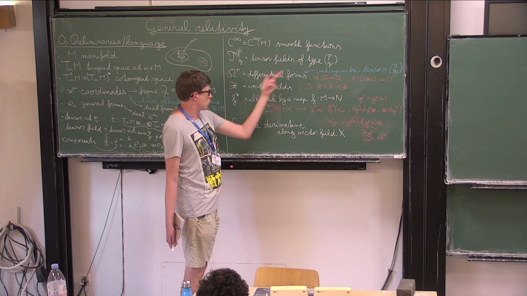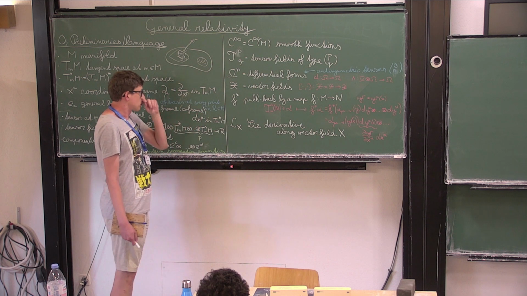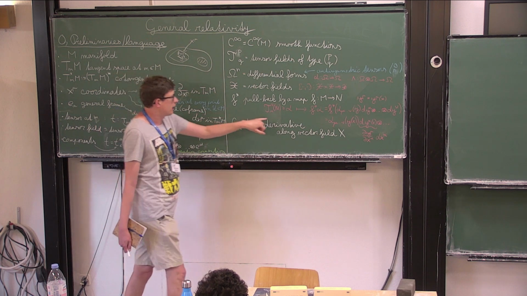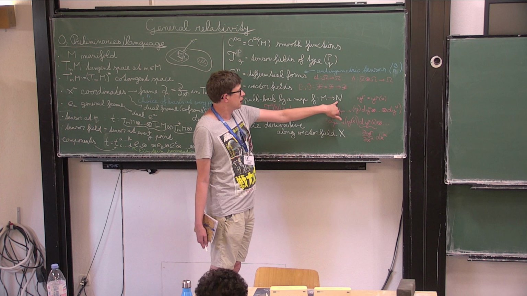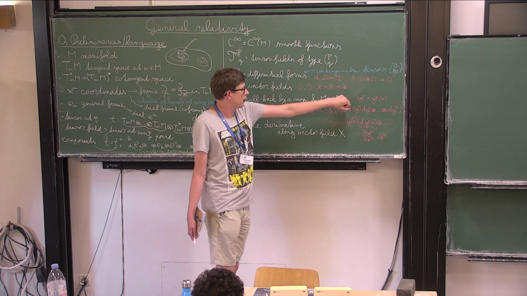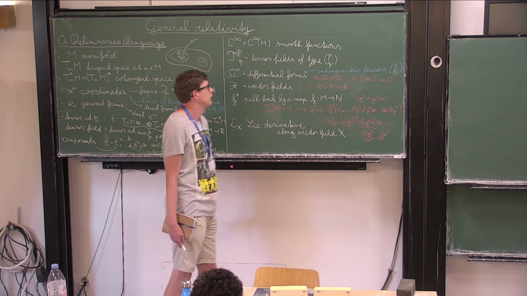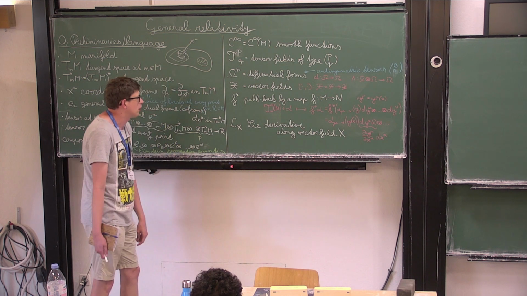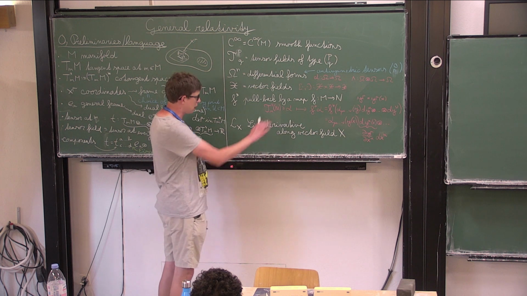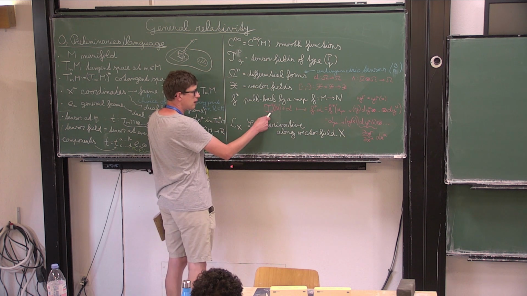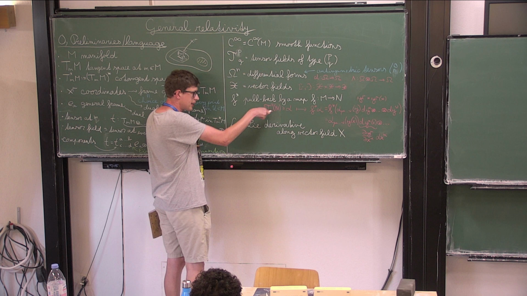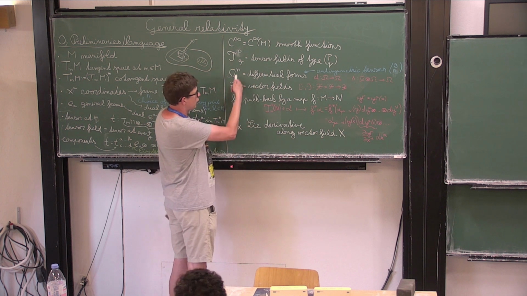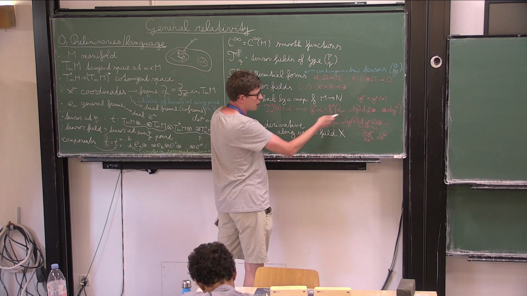Okay, and we also saw pullback before. Pullback is a way that if you have a map of manifolds and you have some structure on the right, you can pull it back to the structure on the left. I won't be using this very much, but let me at least say that in the particular case when you have a tensor with only indices down, for instance a differential form, there is a very explicit formula.